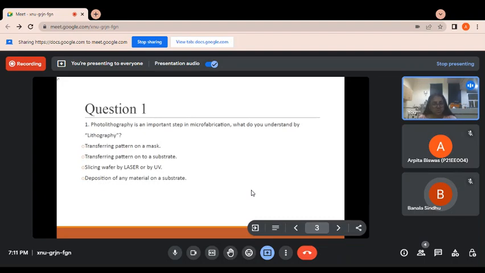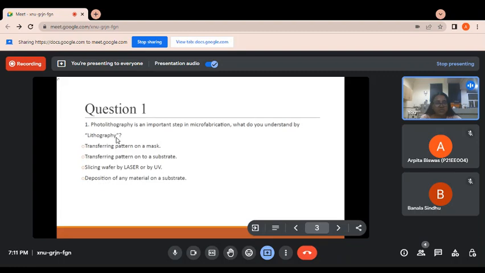No, this is not the right answer. See, what is the meaning of lithography? When you want to pattern any structure on the device, at that time we need the lithography.